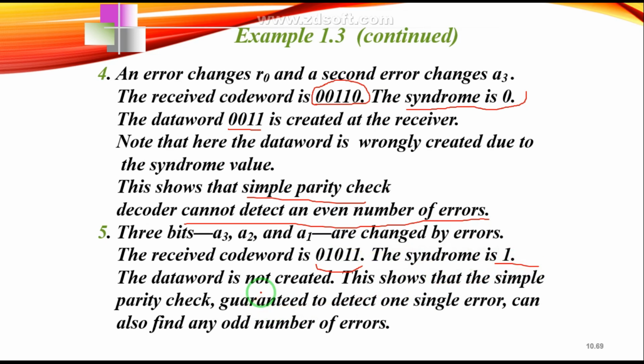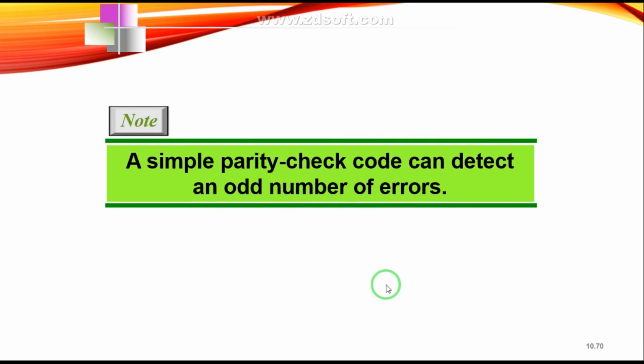Comparing these 5 scenarios, the simple parity check is guaranteed to detect one single error and can also find any odd number of errors. But it couldn't detect an even number of errors.